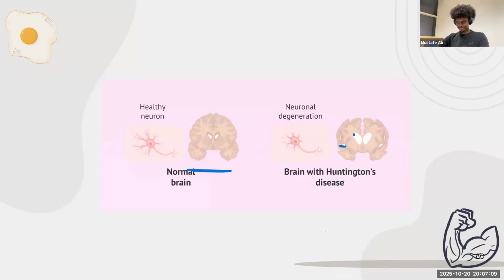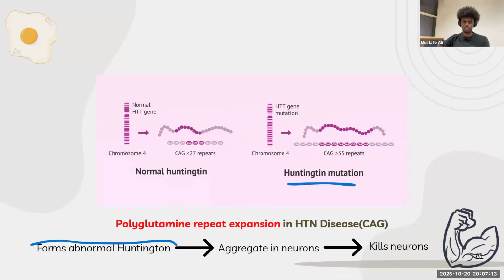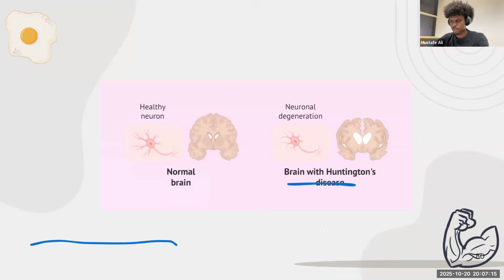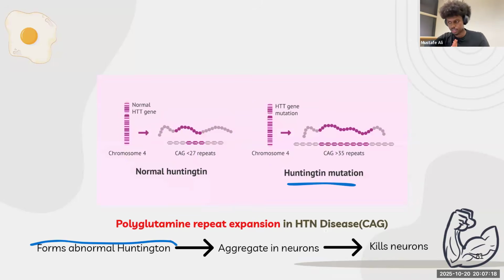So Huntington disease is basically a neurodegenerative disease. It breaks down the brain. What I need you guys to know is that in Huntington disease, there is a polyglutamine repeat expansion. To put in simple terms, what happens in Huntington disease is that there is more glutamine present in the protein.